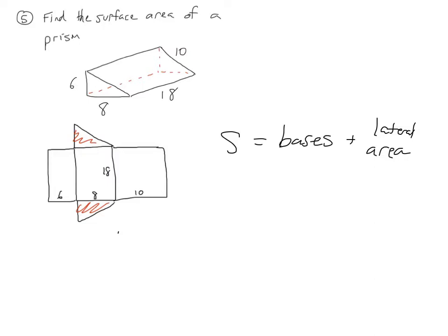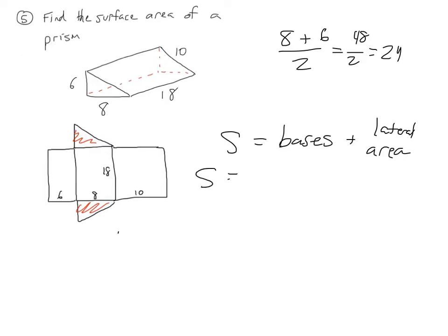The bases are 6 by 8, and the hypotenuse is 10. The area of a triangle is base times height divided by 2. So the base is 8, the height is 6, and we're dividing that by 2. That's like saying 48 divided by 2, which is 24. So each and every triangle is 24 square centimeters.